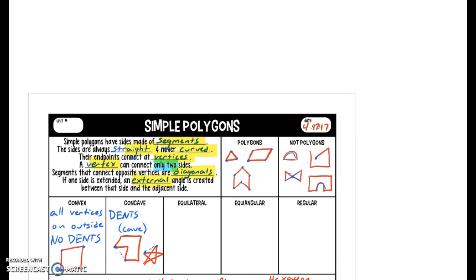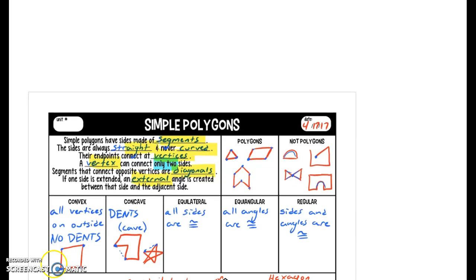Those are concave polygons. Equilateral is a term we've already learned. It's where all sides are congruent, such as an equilateral triangle. This can be a square or a rhombus. Equiangular means all 4 angles are congruent.